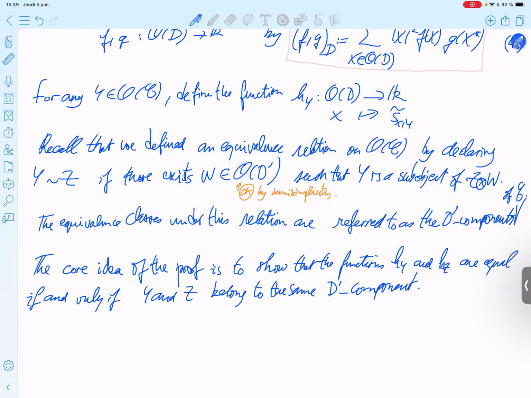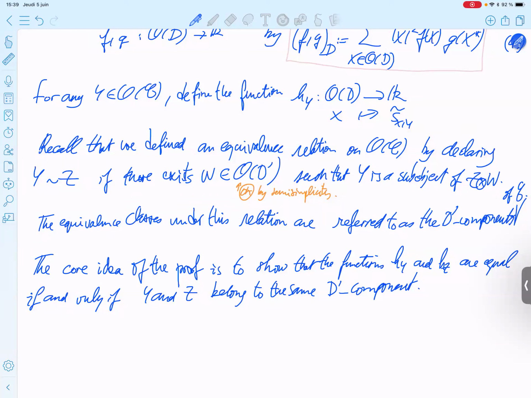The second step is to say that two such functions hy, hz are orthogonal if and only if they lie in distinct D prime components. So you have a very strict alternative.